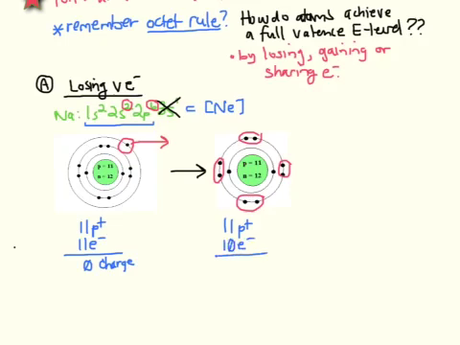And if you add 11 positives to 10 negatives, you end up with a +1 charge on your ion. So what ends up happening is that your sodium goes from being a neutral element to a sodium with a +1 charge. So it used to just be regular old sodium, and now it's a sodium ion.